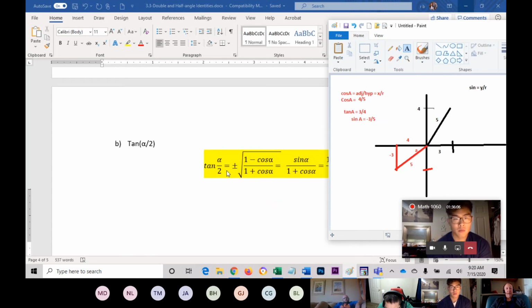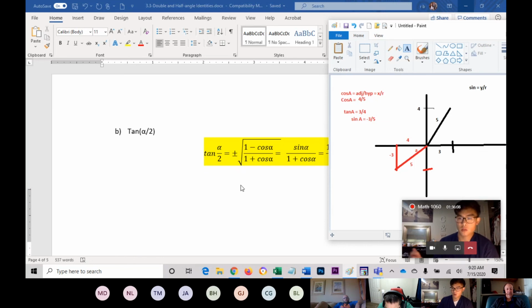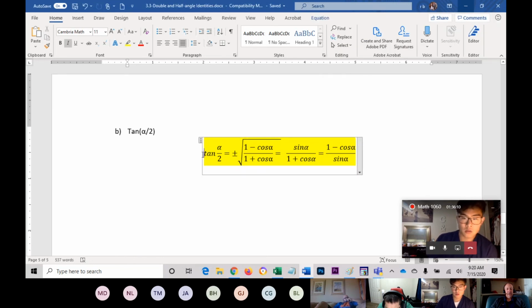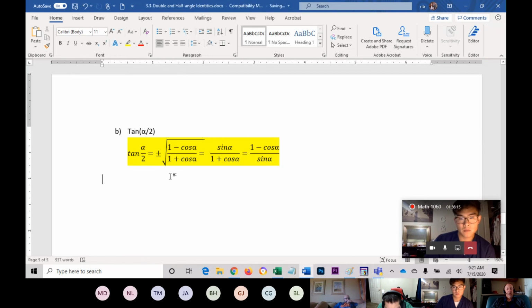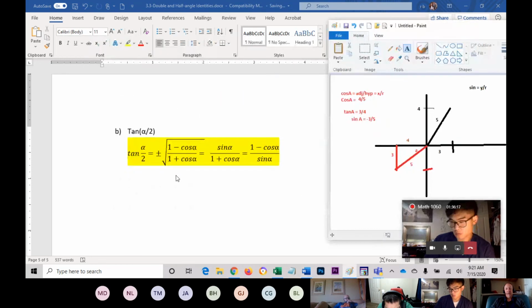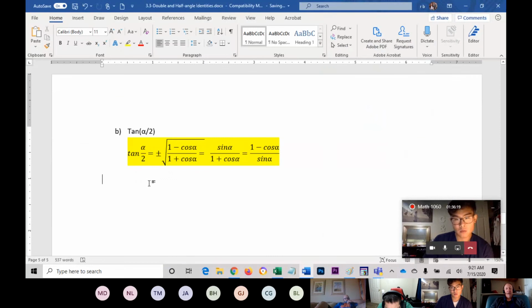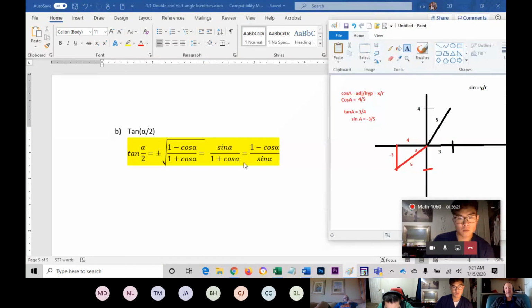Okay, so we've got the sine, the cosine, and the tangent. Now, let's go down to here. Hopefully I can see all those. Okay, so I can see everything there. So we want to find the tangent of alpha over 2. You could use any one of those 3 formulas.